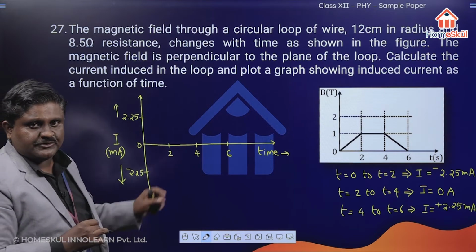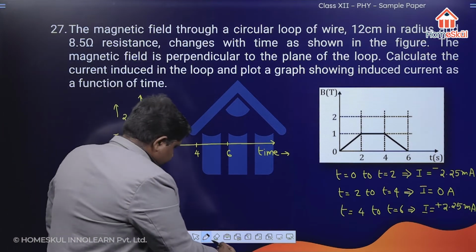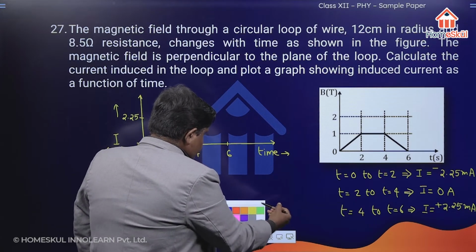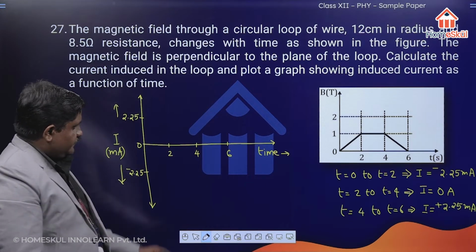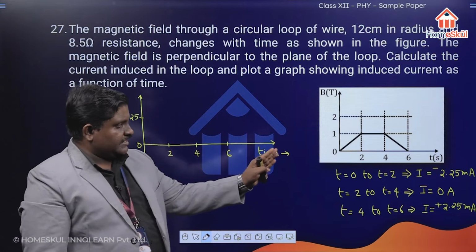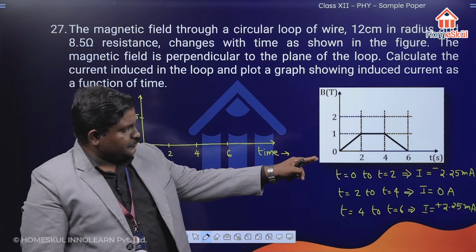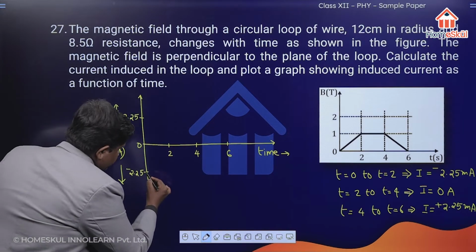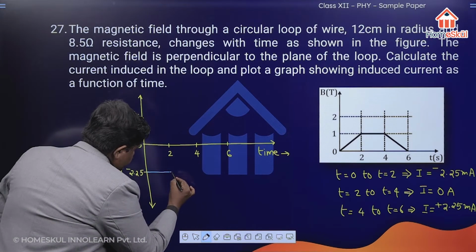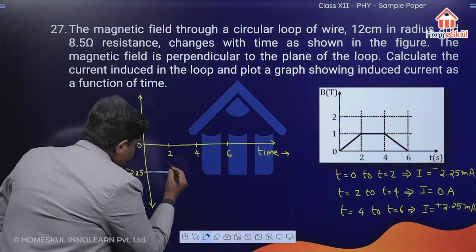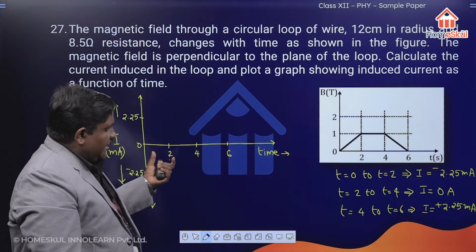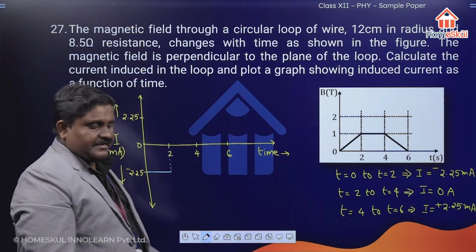Now we have to draw the graph. For the time interval 0 to 2, the current is minus 2.25 milliampere, so up to 2 this is the value of current. Then in the time interval 2 to 4, the current is 0.